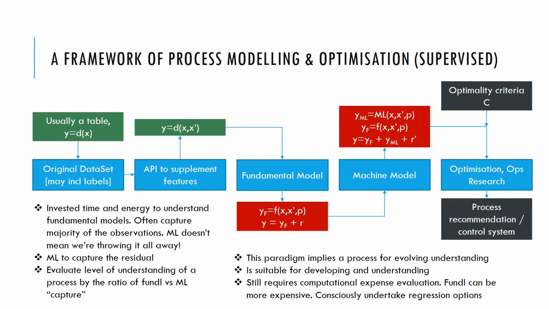And you see, not everybody does this. In fact, most people don't do this. Most people jump straight to the machine model, right? And in our group also, the people who are focusing on machine learning, they will jump straight to the machine model.